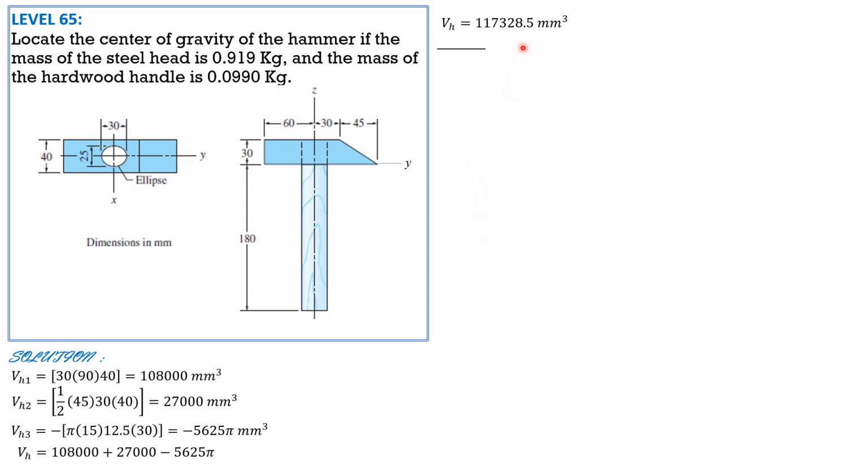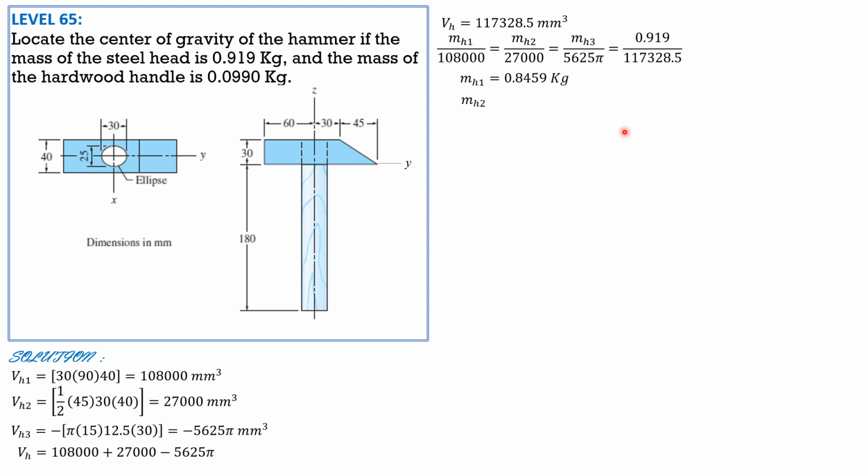So it is 117,328.5 cubic mm. So mass of hammerhead 1 over its volume equals mass of hammerhead 2 over its volume, 27,000, equals mass of hammerhead 3 over 5625 pi, equals mass of the entire hammerhead, 0.919, over the volume of the entire hammerhead. So mass of hammerhead 1 is 0.8459 kilograms.